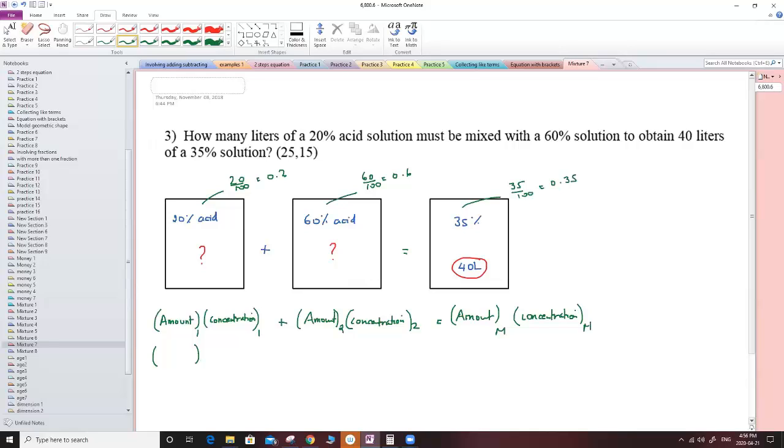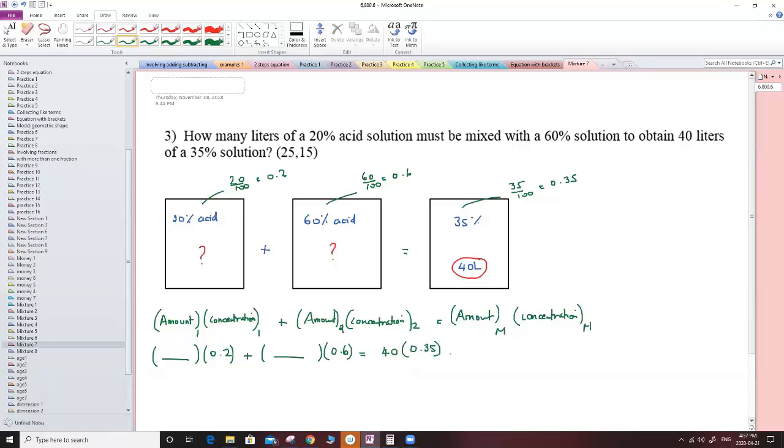In this case I prefer to use decimals. So it's going to be the amount times 0.2 plus the amount, which is unknown, but the concentration is known as 60%, so 0.6, equal to the amount, 40 liters, times the concentration 35%, which means 0.35.